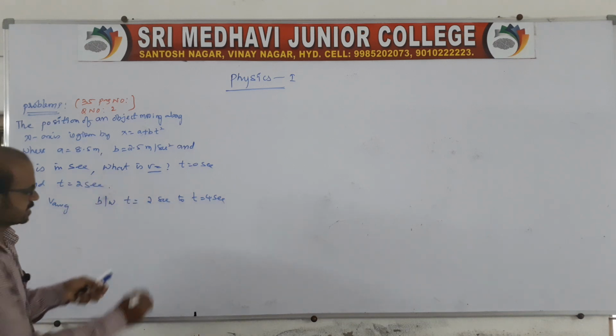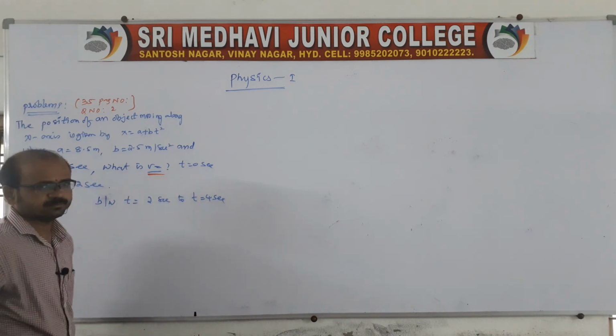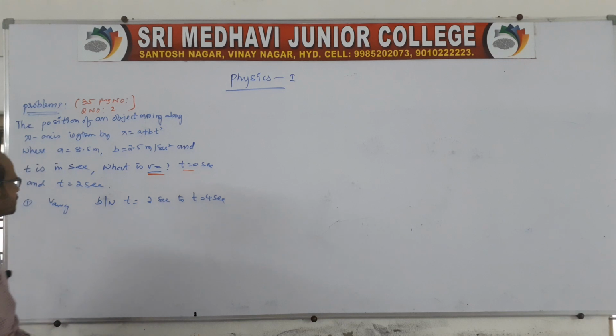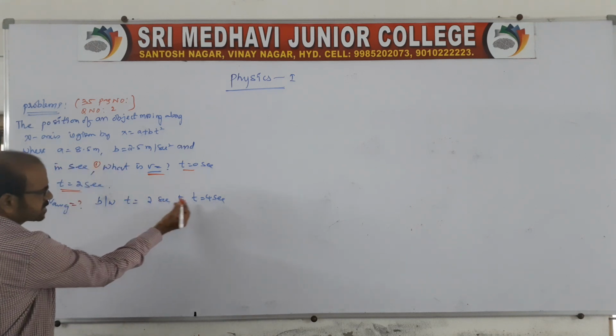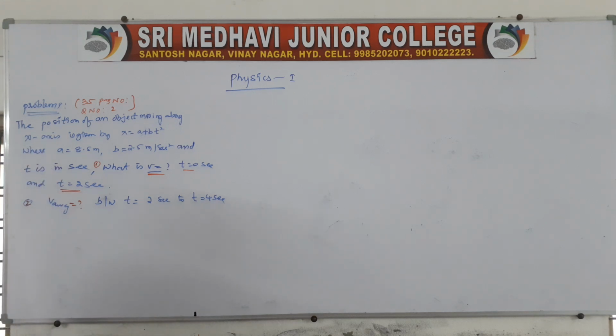It asks: find the velocity at time t is equal to 0 as well as at t is equal to 2 seconds. The second part is: find the average velocity between t is equal to 2 seconds and t is equal to 4 seconds.